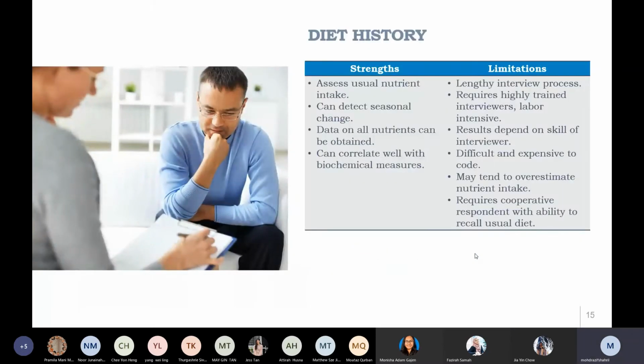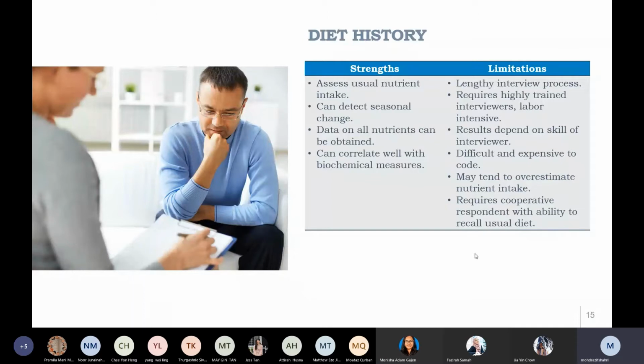So the strength and limitation of diet history: the strength is it can assess usual nutrient intake and can detect seasonal change. Sometimes it's musim buah, there will be a lot of rambutans in the diet. It's musim durian, a lot of durian in the diet.